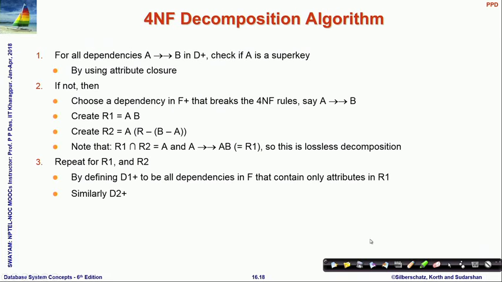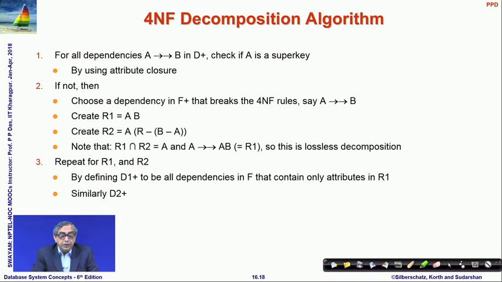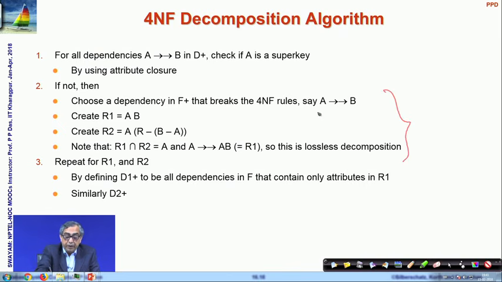So, the decomposition algorithm into 4NF is exactly like the decomposition algorithm of the Boyce-Codd normal form BCNF, the only difference being that now you may be doing this crucial step of two-way decomposition for every multivalued dependency also. Earlier we were doing this only for the functional dependency.